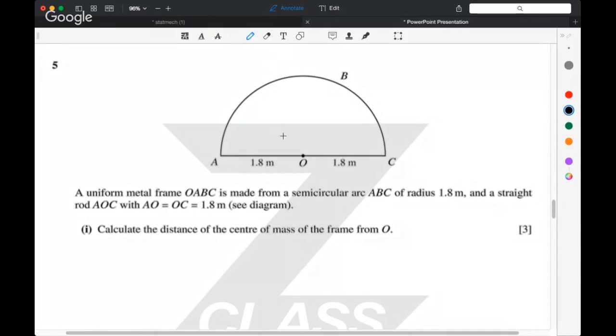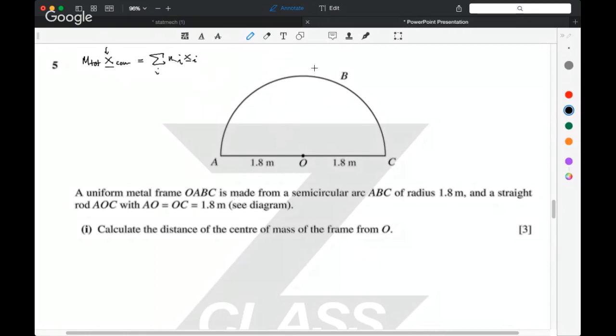Okay, question 5. So this is a center of mass question. The key formula is that M total times x center of mass, where this is a vector, right? So it's got an x and a y and a z component, however many dimensions you're working in, is equal to the sum over i of m_i x_i. So how does this work in practice?